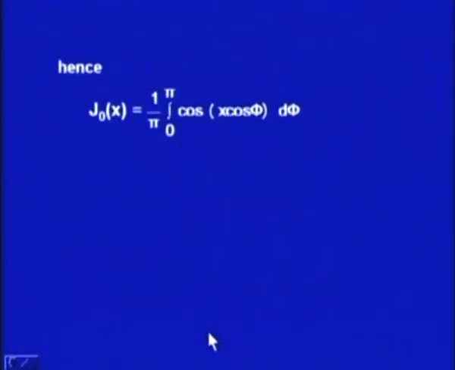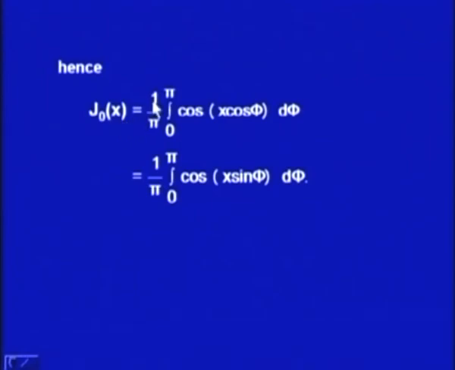So, the integral representation of J naught x has another form. J naught x can also be written as 1 over pi integral 0 to pi cos(x cos phi) d phi. So, we have two integral representations, with limits 0 and pi, of the Bessel function of order 0.